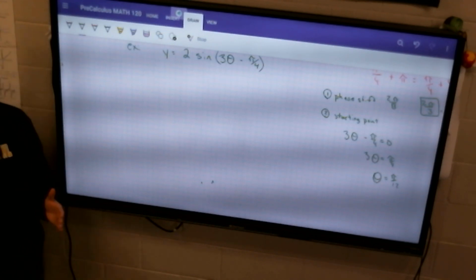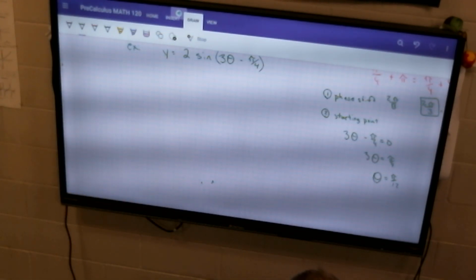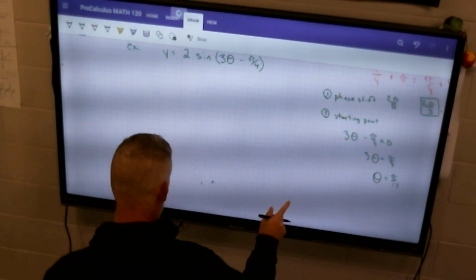So do we have a huge shift or a small shift? Very small. In fact, remember on the unit circle, at your 30 degrees, that's your pi over 6. This is going to be half of that. It's only shifted 15 degrees. It's only shifted a very tiny bit. Okay? So we shifted pi over 12.